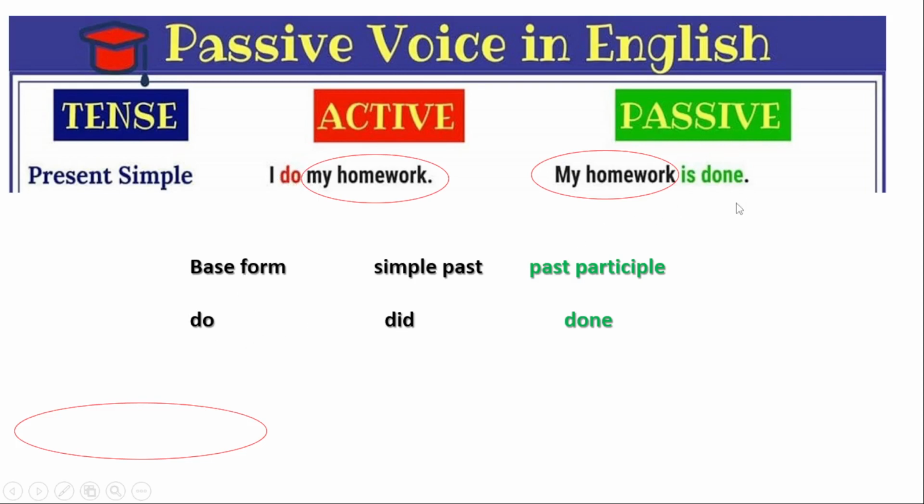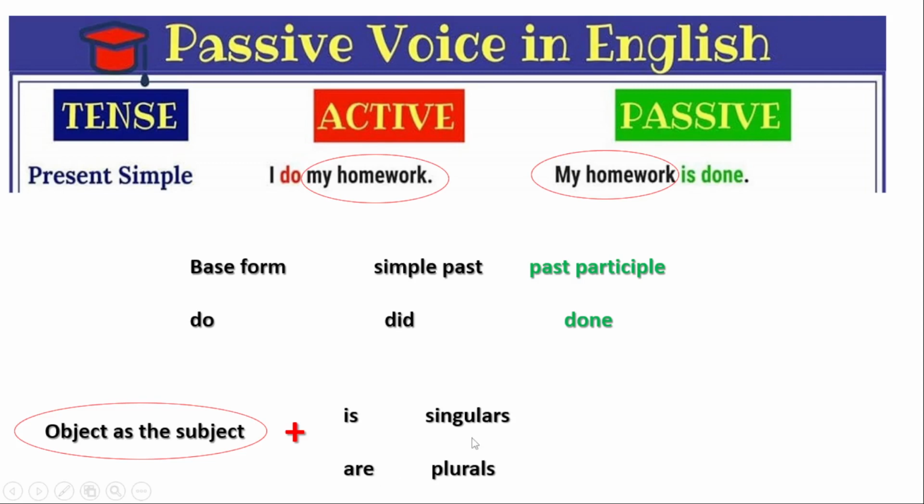And remember the rule of the passive for simple present? I have to bring the object as my subject. Then I have to use is. I have to conjugate the verb to be. Is for singulars, are for plurals. Is for she, he, it. Are for we, you, they.